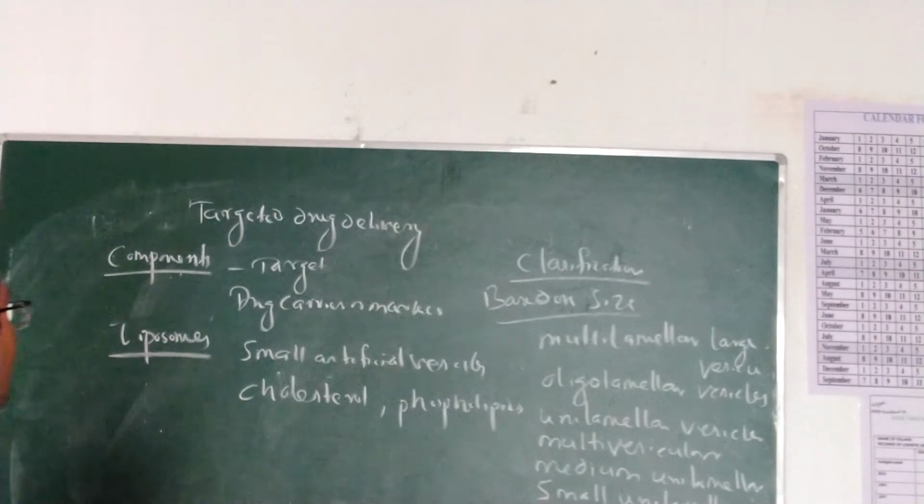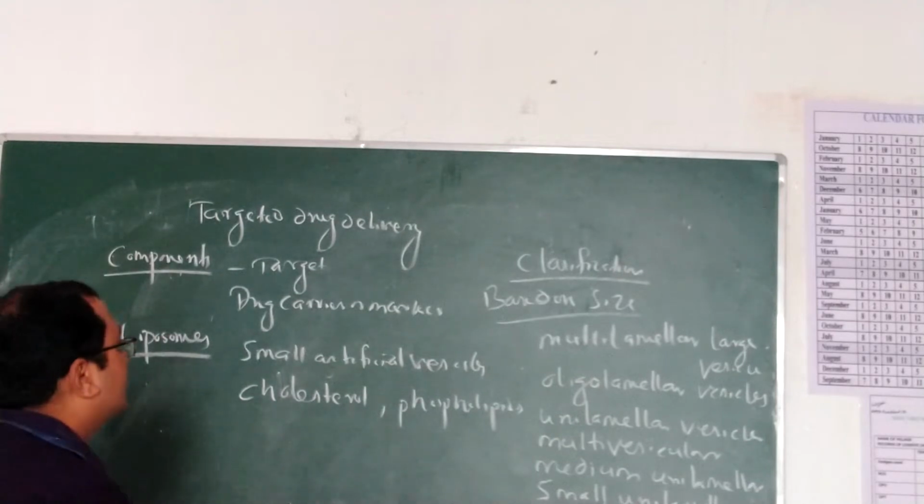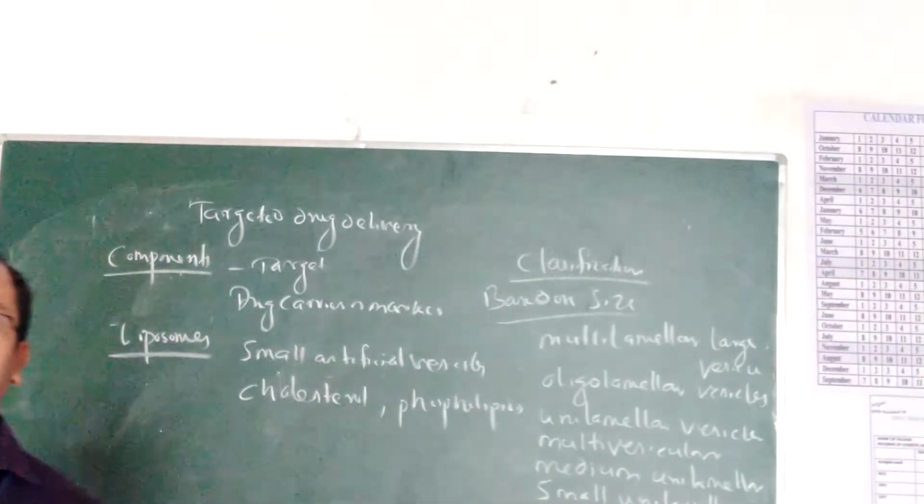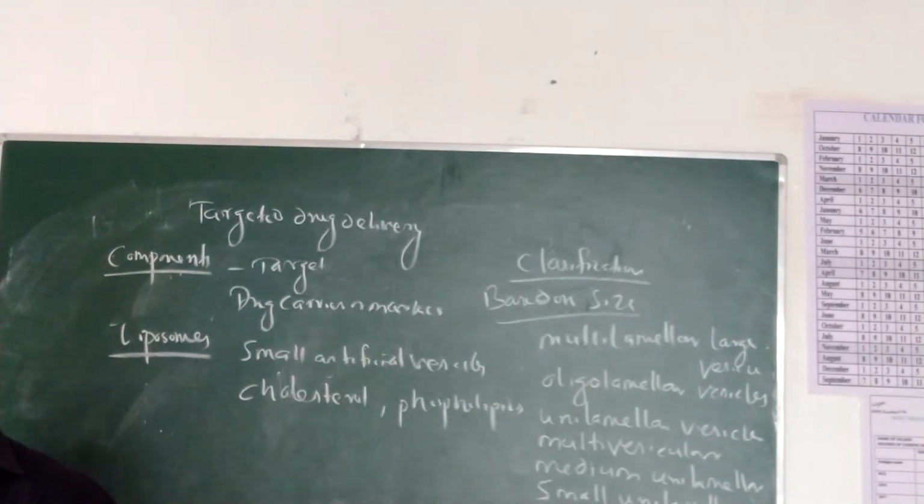So this carrier acts as a transporter which will transport the drug to the particular site of action, and generally the drug is encapsulated in the carrier molecule so that it is able to deliver at that particular site.